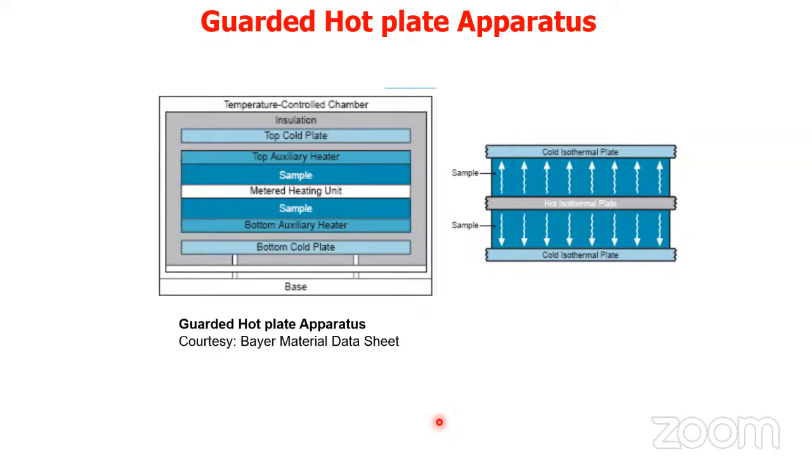After the sample, you can see auxiliary heaters have been provided, and after those heaters, cooling plates. To hold the system, insulations have been provided to restrict the dissipation of heat. This is the apparatus for the test.